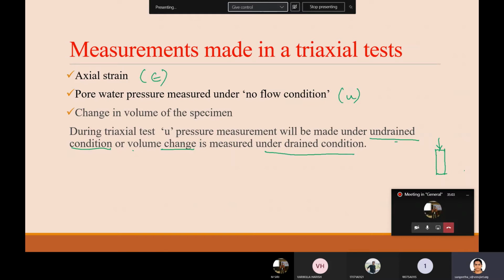So once you allow the water to flow off, the soil has to compress, right? So once the water is allowed to flow off, the soil will get compressed and there will be some volume change. So only if there is a water outlet can we measure the volume change. Whereas if you wish to measure the pore water pressure building up, then you have to close the drainage valve.